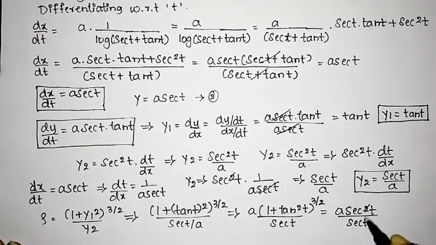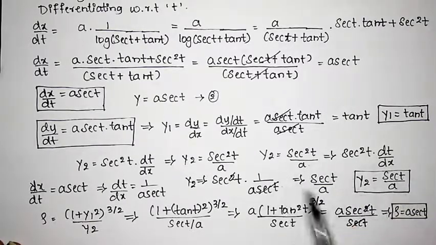So here sec gets cancelled and the remaining will be rho is equal to a into sec t. So this is the required radius of curvature equation. Therefore we have obtained the radius of curvature to be rho is equal to a into sec t.